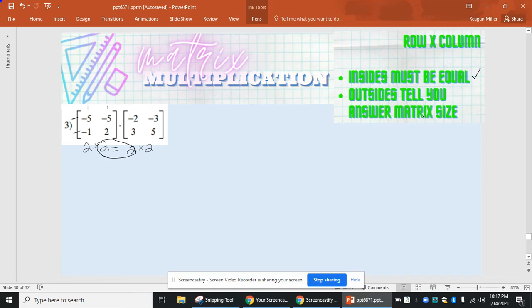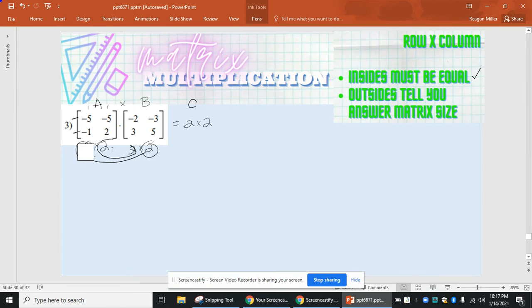And then the outside numbers will tell you the answer matrix size. So we're left over with a 2 and a 2. So if we're taking matrix A, I'm going to call the first one, and we multiply it by matrix B, then our answer matrix will be a 2 by 2 because these on the outside are left over, if that makes sense.